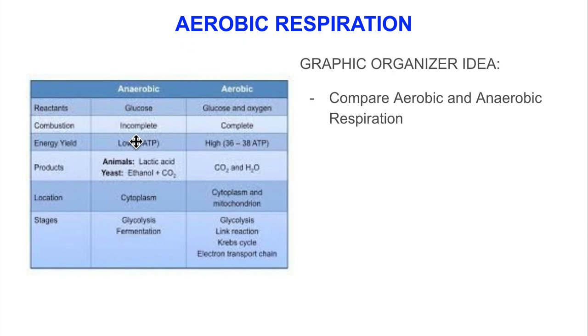And then back to this little comparison chart from earlier. Aerobic, I use glucose and oxygen, I make a whole bunch of ATP, and it happens in the mitochondria. It has glycolysis, Krebs cycle, electron transport chain. Whereas anaerobic respiration, I'm going to take glucose, make a couple of ATP, and then produce some lactic acid or some alcohol, and it never actually goes into the mitochondria. So fermentation does glycolysis, but it doesn't do the electron transport chain.